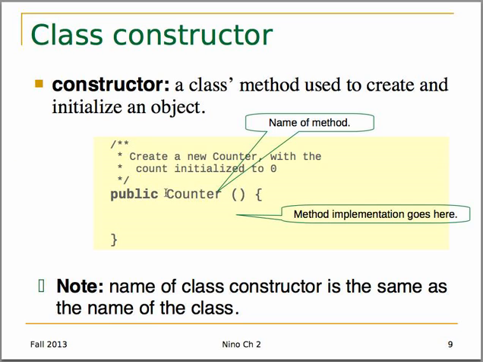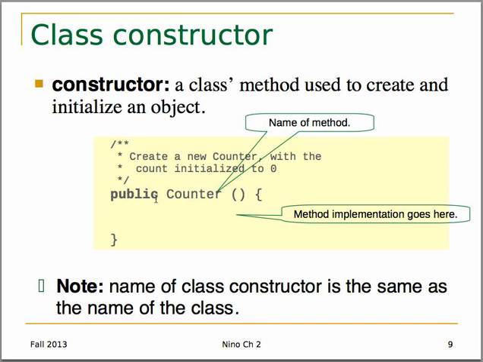Return value, of course, remember there's no return value for constructors. You want to put in Javadoc comments just like you did with the other methods. So /*, describe the constructor. This is a default constructor, that is, it doesn't have any parameters, just has a name.